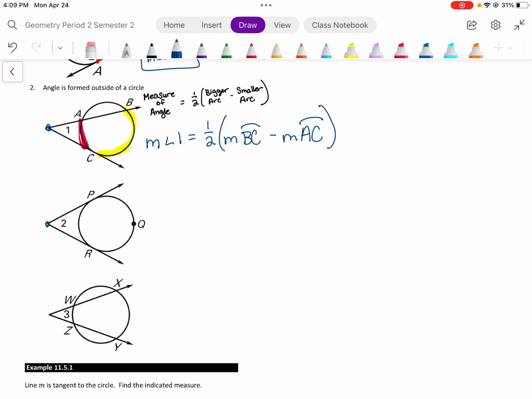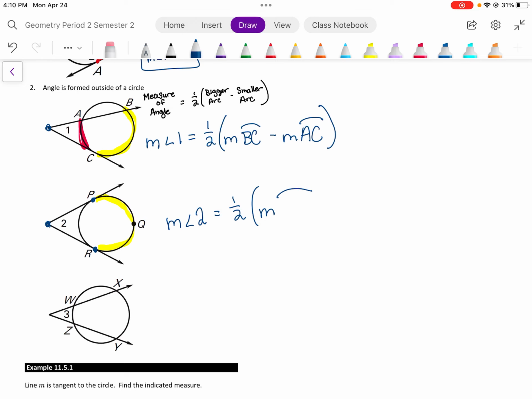Same thing if we have two tangents to the circle. That angle that's formed on the outside, the measure of angle 2, is going to be 1/2 the measure of the larger arc. This one is a major arc, so we're going to name it with 3 letters, P, Q, R. And then we're going to subtract the measure of the smaller arc of PR.